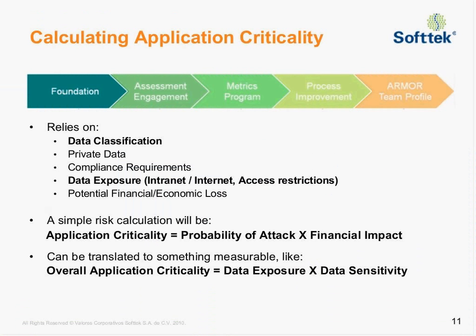So if we translate that to something directly related, that is the data exposure of the information and data sensitivity, we will have something like we see at the bottom of the slide. We can say that overall application criticality is directly related to the exposure and the sensitivity or classification of the data.